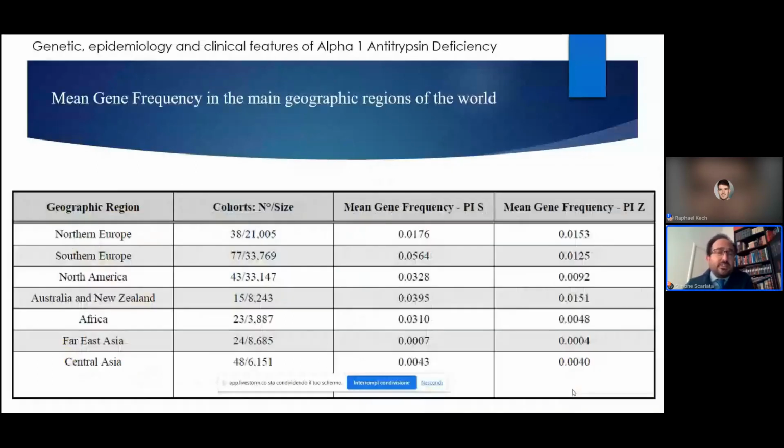Taken together, this is the frequency of gene mutations stratified according to geographic regions of the world. This means that, despite this being considered a rare disease, there is a wide difference between different areas in the world that should be taken into account.